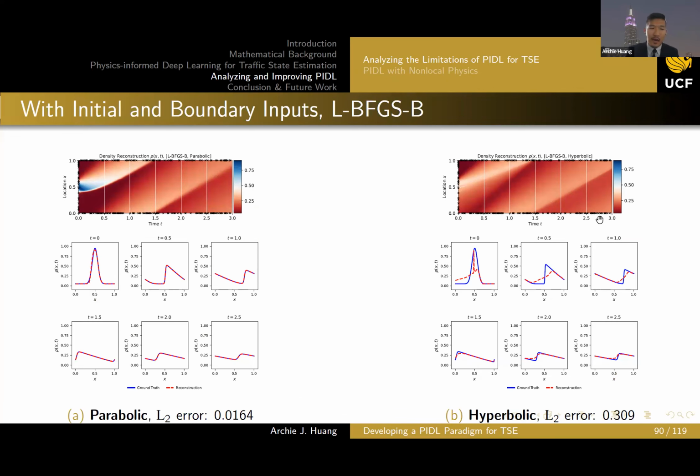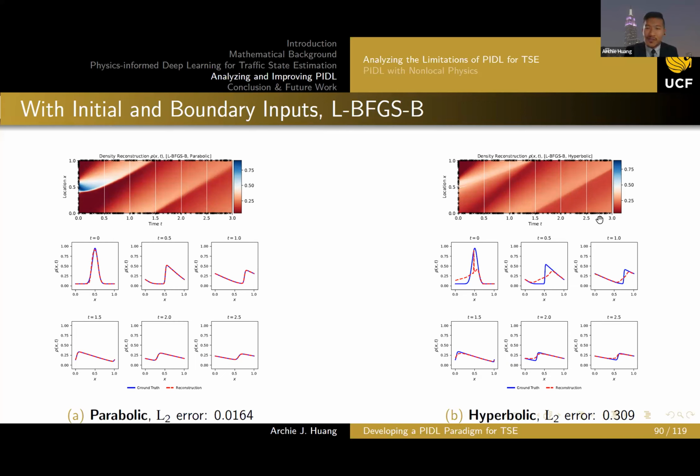In the first training setting, where we only used initial and boundary inputs and paired that with the L-BFGS-B optimizer, we do see the PIDL that's trained with the parabolic version of the LWR PDE has a significantly smaller L2 error, indicating a much more accurate reconstruction result.